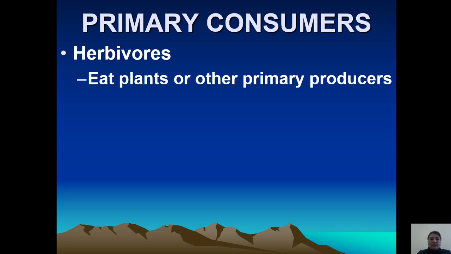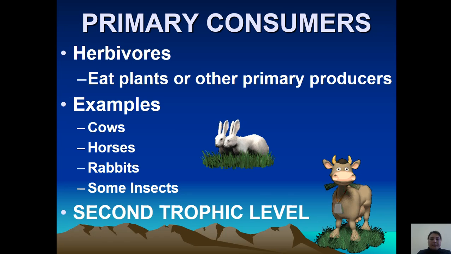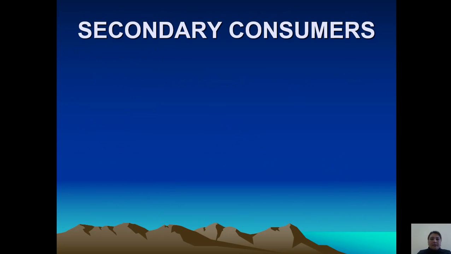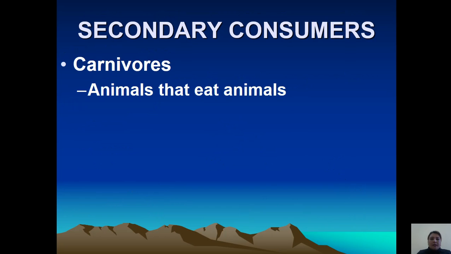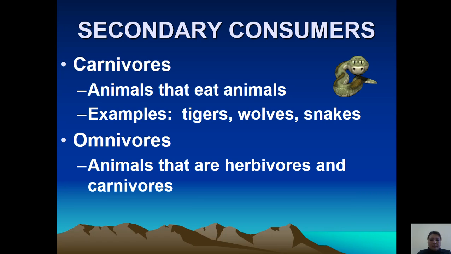Primary consumers, herbivores, eat plants or other primary producers, for example cows, horses, rabbits, and some insects. Secondary consumers, carnivores, are animals that eat animals. Examples: tigers, wolves, and snakes.